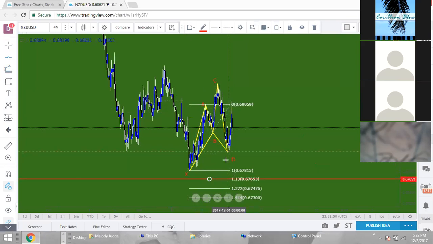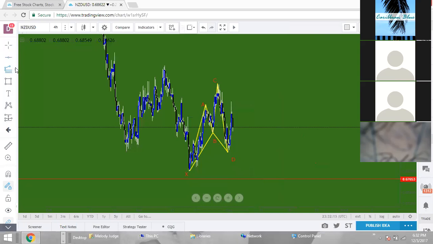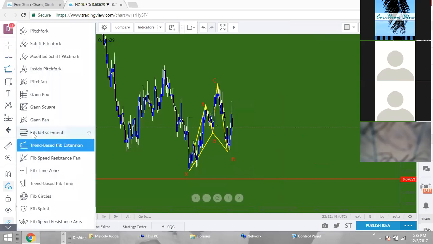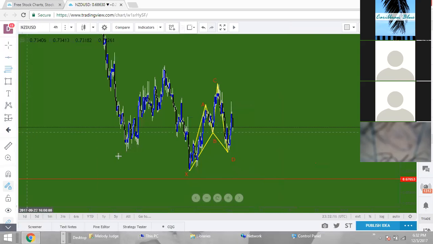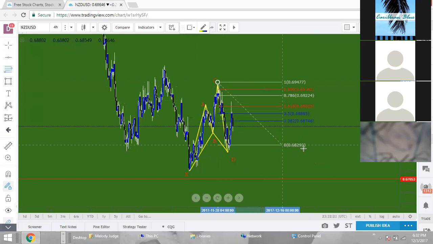We would have entered here. We would have had a stop down here. The pattern's knocked out both take profits, I believe. Our targets would have been, we use Fibonacci retracement for targets. So we take the Fibonacci retracement, we go from C to D with this Cypher pattern.